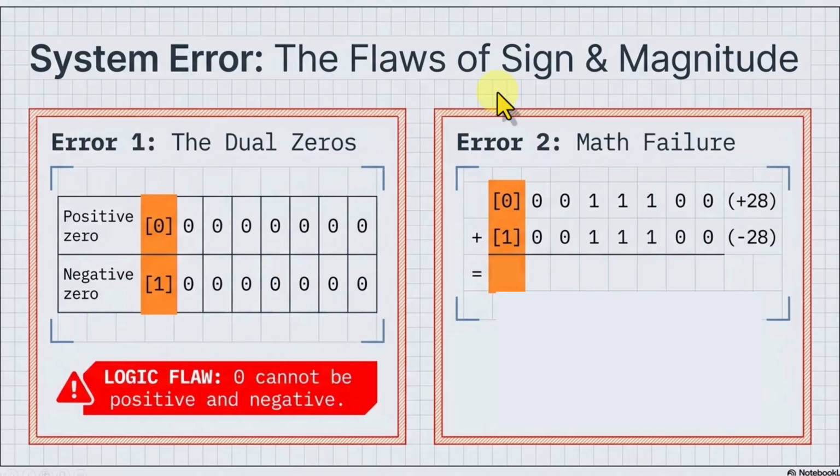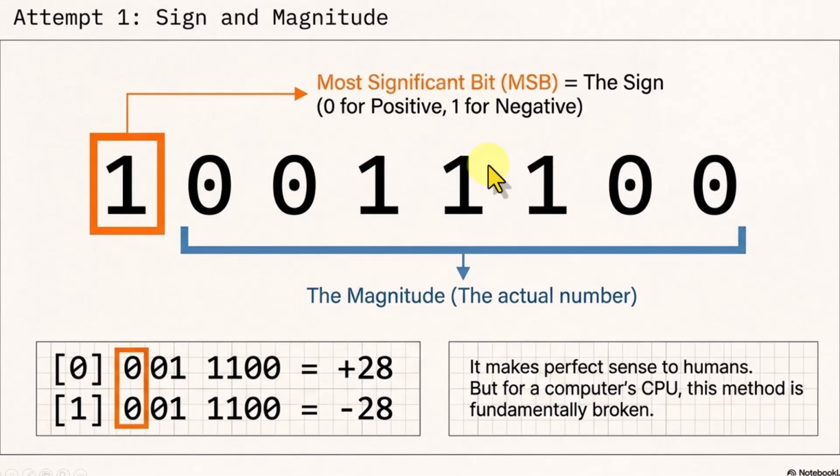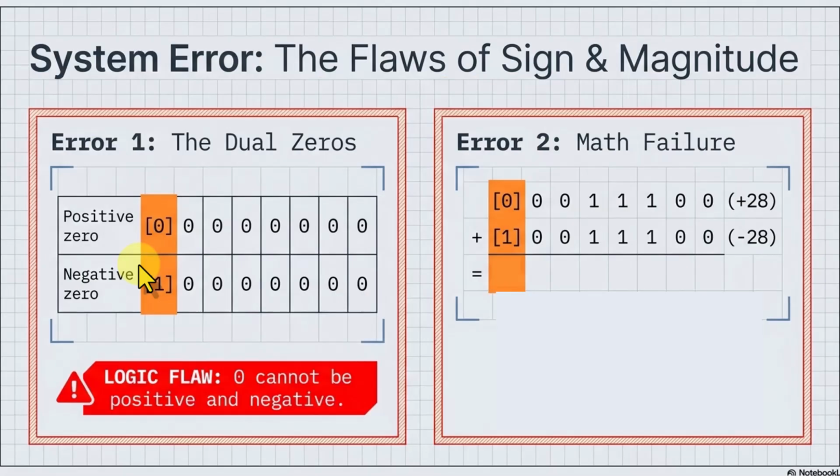But right now, let's see the flaws of sign and magnitude. The first problem is that we have two different patterns for 0. Eight zeros is 0, and a 1 followed by seven zeros is also 0. So one is positive 0 and the other is negative 0, but 0 cannot be positive or negative.